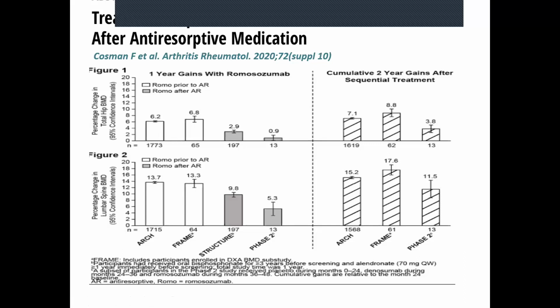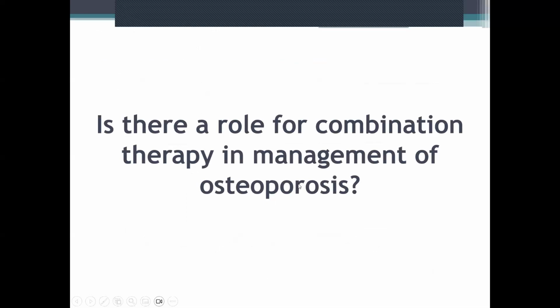But like I mentioned, prescribing habits are influenced by what is allowed on the PBS. So following 2 years of denosumab, once they switched over to romosozumab, there will be an initial decline in BMD, but it's actually shown to improve BMD in both hip and the lumbar spine.